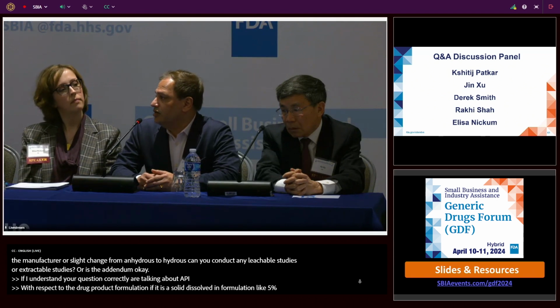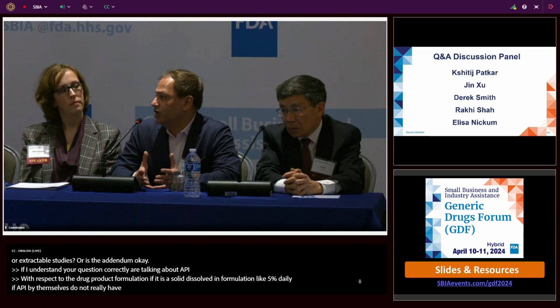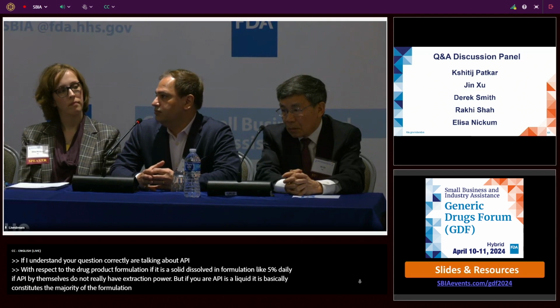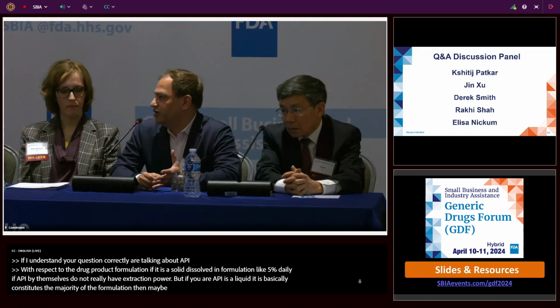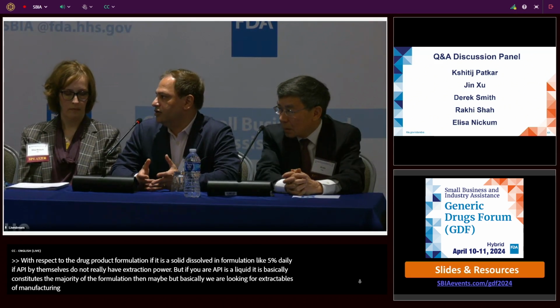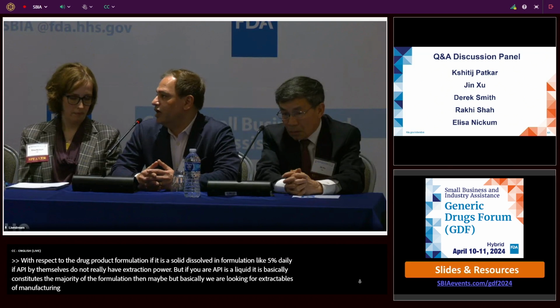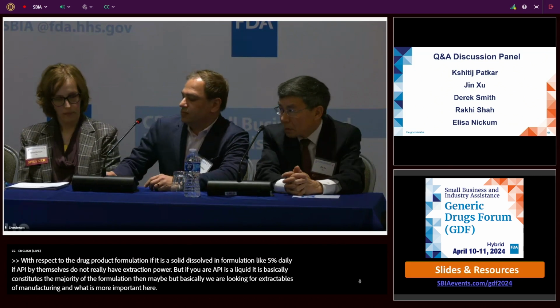But if your API is say castor oil or liquid, or your API basically constitutes the majority of the formulation, then maybe. But basically we're looking for extractables from manufacturing equipment, so it's equipment that is more important here. So as long as your equipment remains the same, probably not. Okay, thank you.